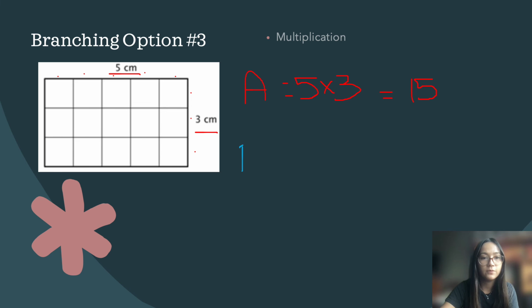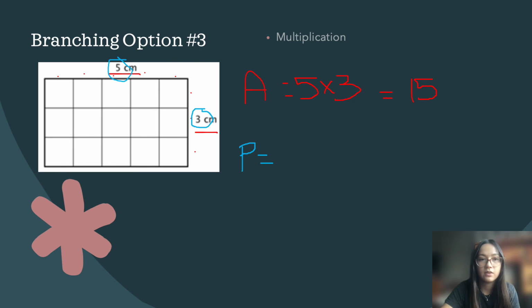So for perimeter, we know that this formula does not use multiplication. This perimeter looks at the whole outside of the rectangle, and it calls for us to add up all of the sides. So we're going to be using addition. So we're going to look at the 5 here, the 3 here, and these sides are not labeled for us, so we're going to fill those in ourselves.